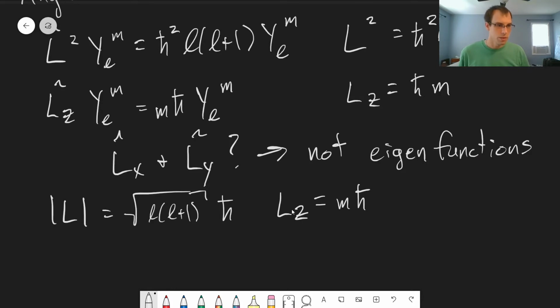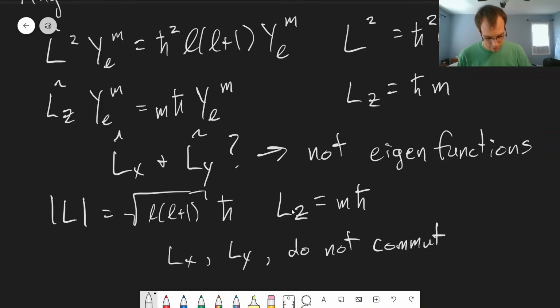But one thing that matters here is that Lx and Ly do not commute with Lz. So we can't know the exact values of Lx and Ly. So let's look at what this means.